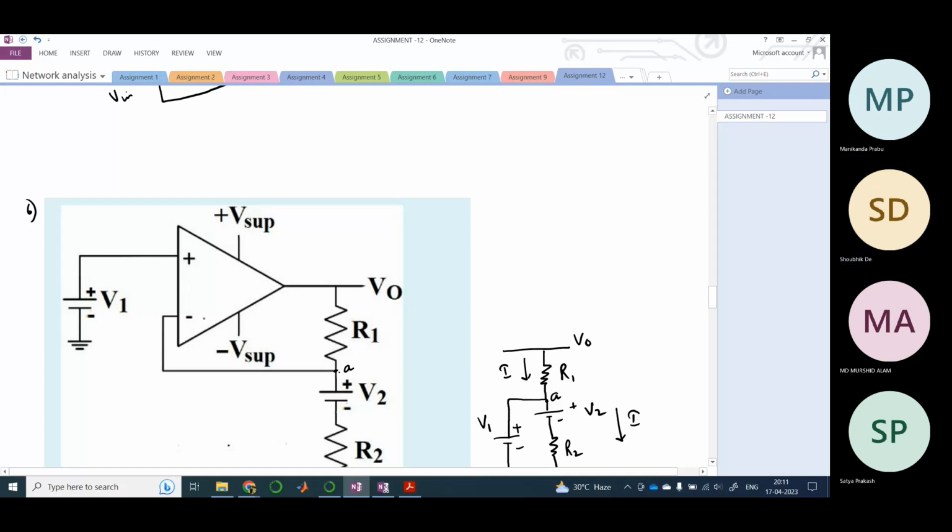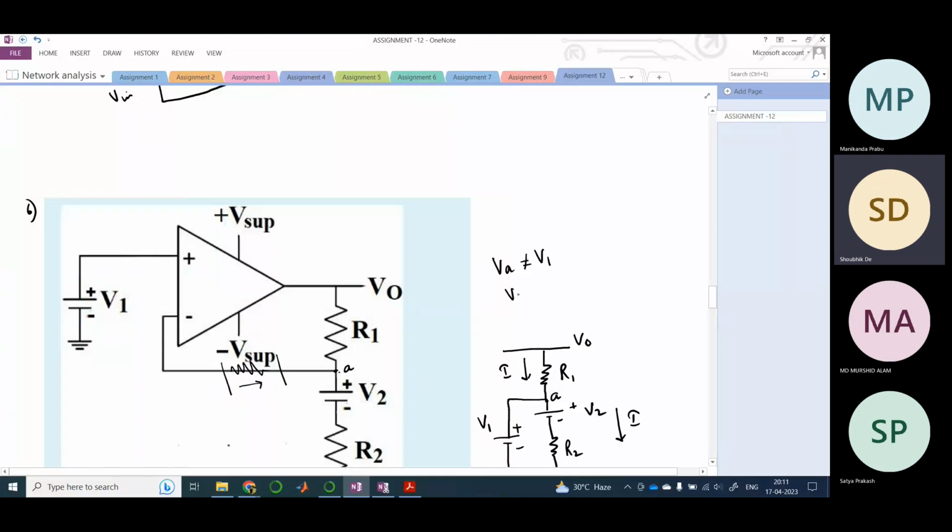Because see, if I connect a resistance here, then there would be a potential drop across this resistor here. And then your VA won't be equal to V1.